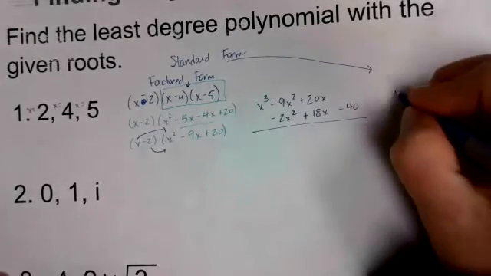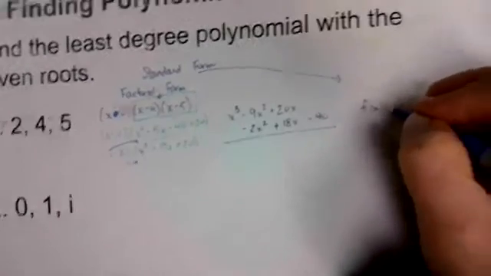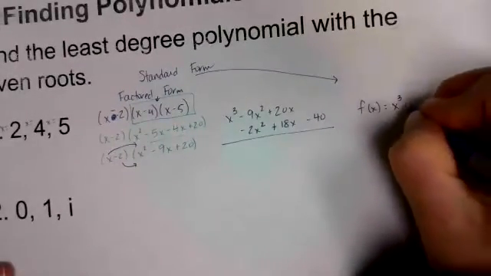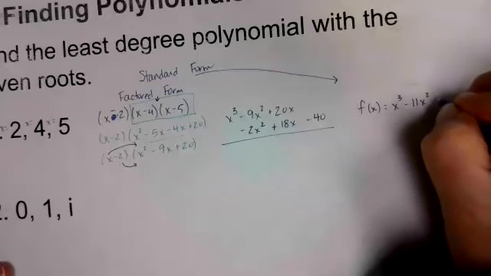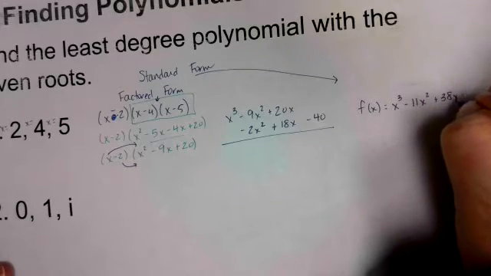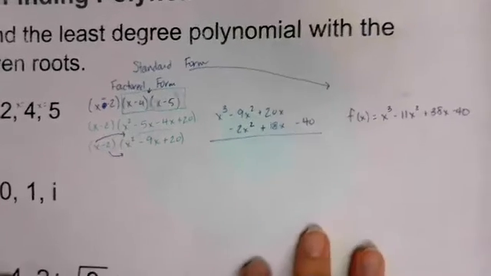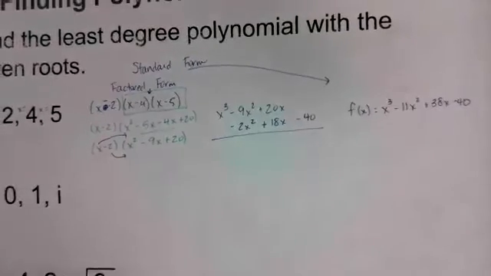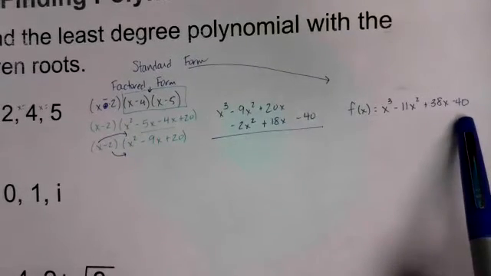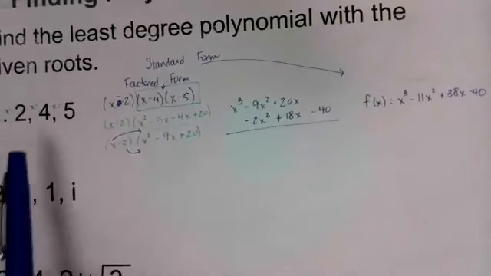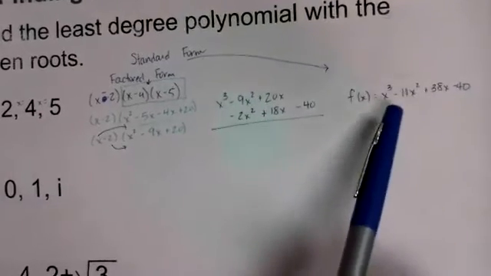So when I combine like terms, I have x cubed minus 11x squared plus 38x minus 40. Here's my polynomial function. Least degree, I was looking for 3 solutions, so I'm looking for degree 3.